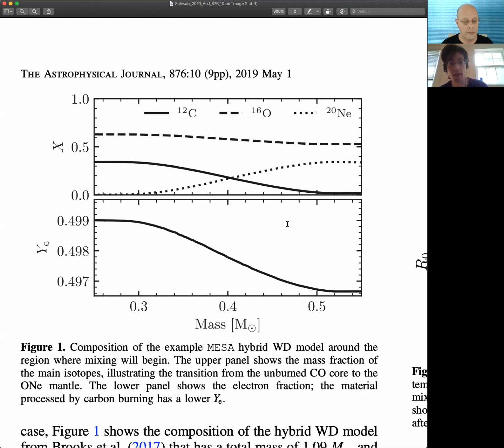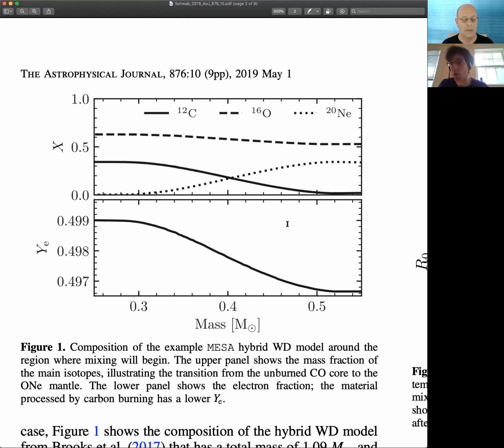But the lower panel makes the point that this is also heavier in another important way: during carbon burning, there are weak reactions that reduce the electron fraction, that's what Ye is here. So there are fewer electrons per baryon in the material that burned than in the unburned carbon oxygen.